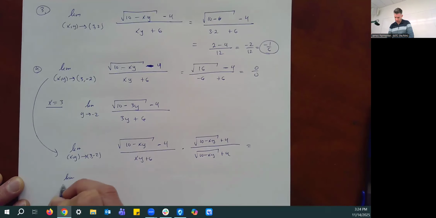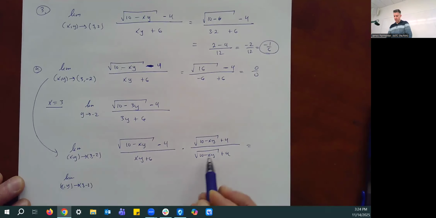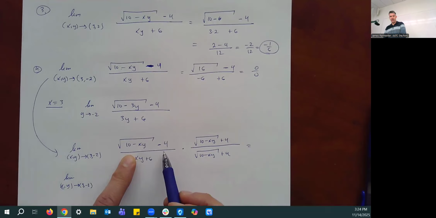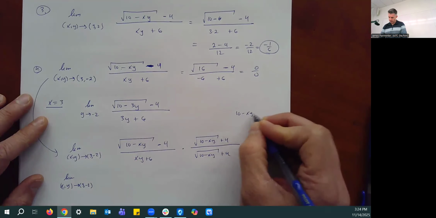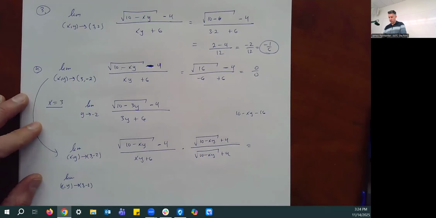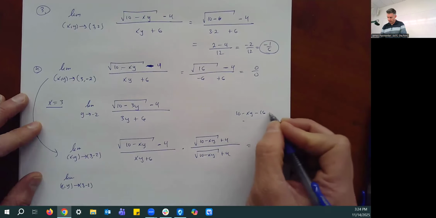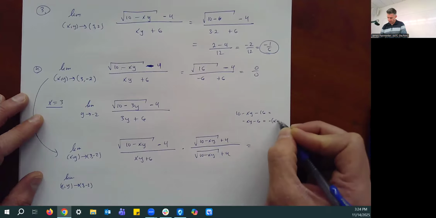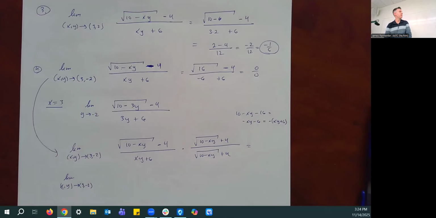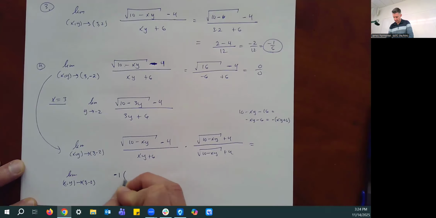Now we get in the numerator, and I am going to do some simplifying on the fly here, 10 minus xy minus 16. And 10 minus xy minus 16 is equal to negative xy minus 6, or negative 1 times xy plus 6. So my numerator, when I multiply these out, is going to be negative 1 times xy plus 6.